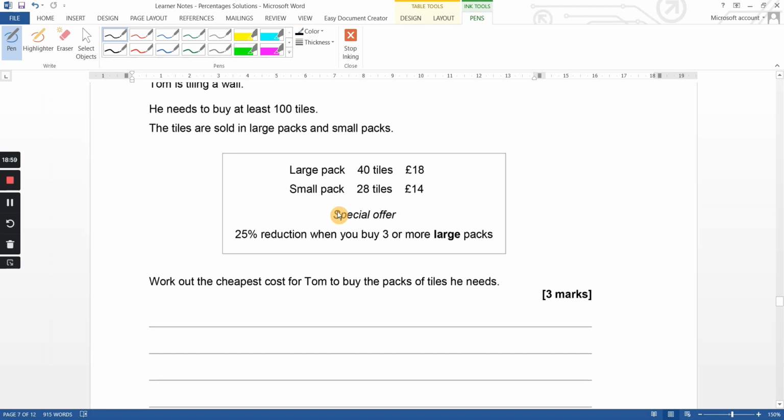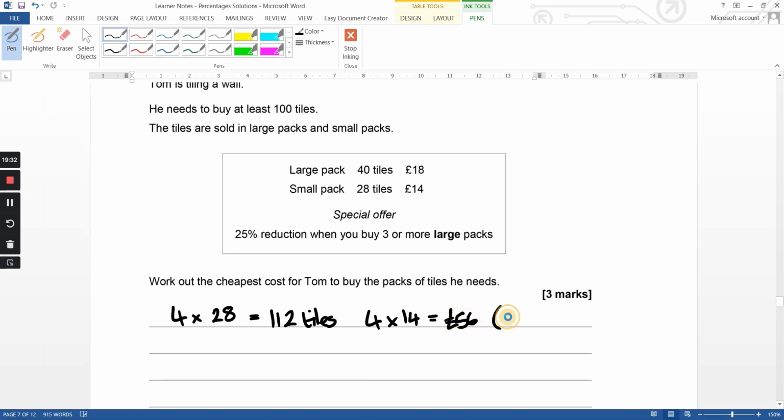It's going to be 4 times 28, which, let's use our calculator, is 112 tiles. So that's good enough. Any less than that would not be enough. So 4 times the 14. This is for the small packs, by the way. Let's double check what we get for that. So that's £56.